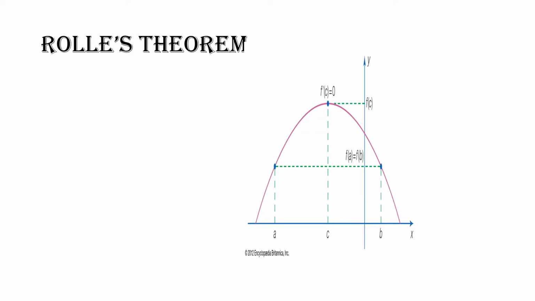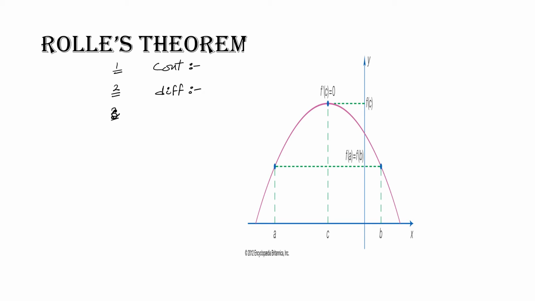So just revise. There are three conditions which should be fulfilled. If they are fulfilled, then you can apply Rolle's theorem. The first condition: the function must be continuous in the closed interval. Second condition: the function must be differentiable in the open interval.